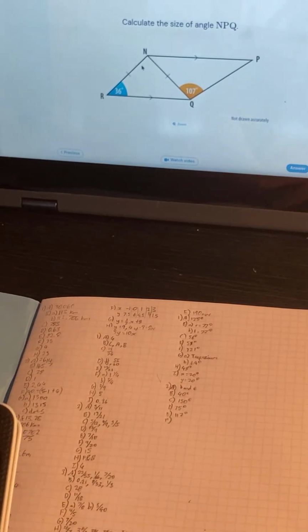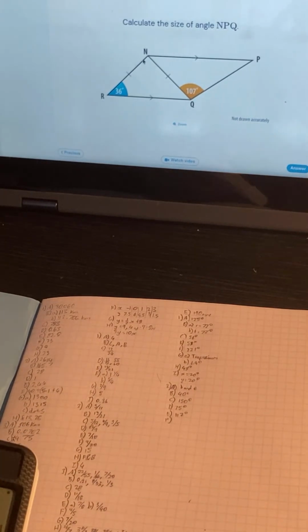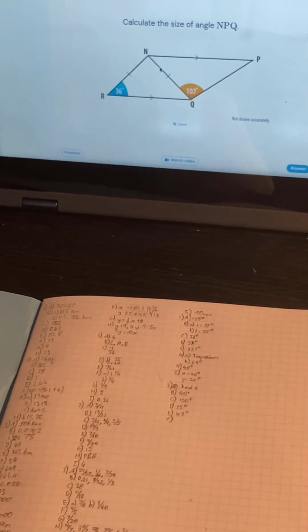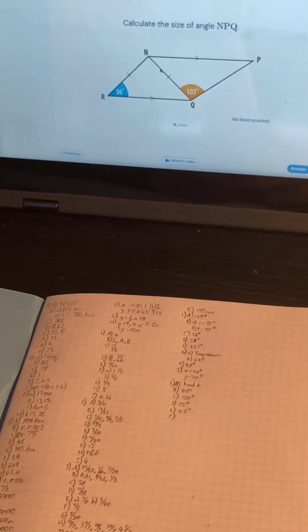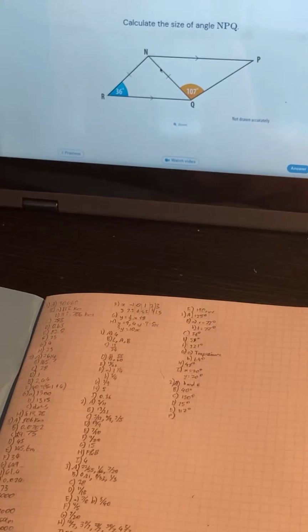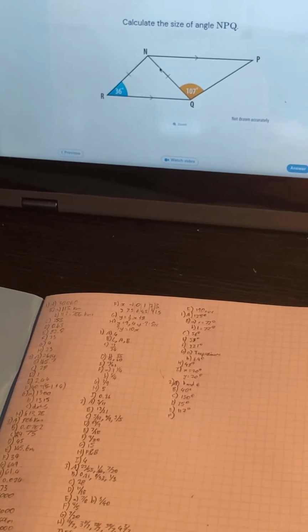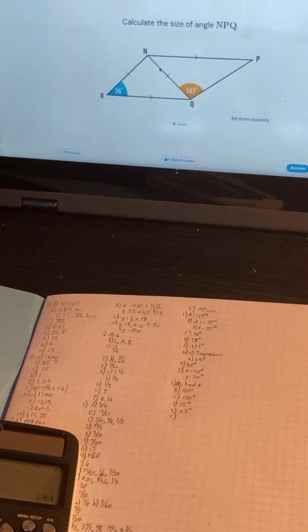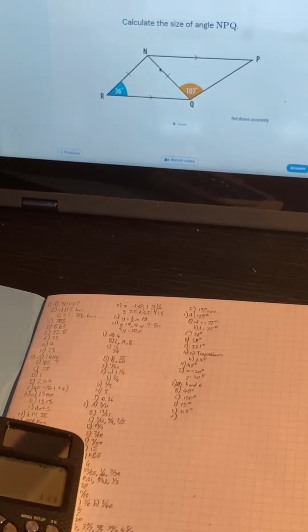So 180 subtract 36. But we already could figure that out. Right? 180 subtract 2 times 36. They're different. They are co-interior angles, I swear. No, because it adds that.